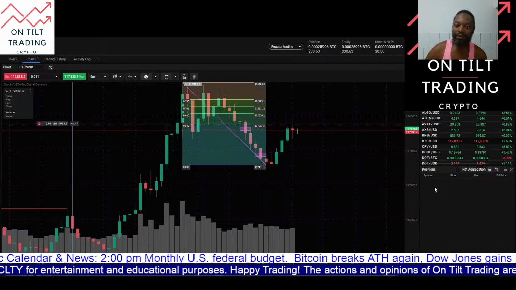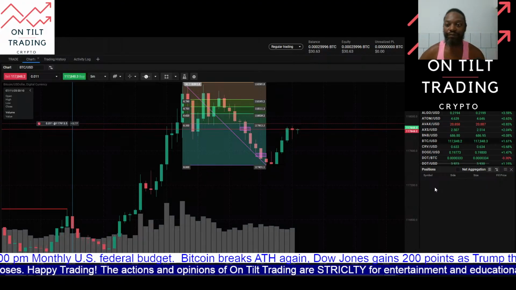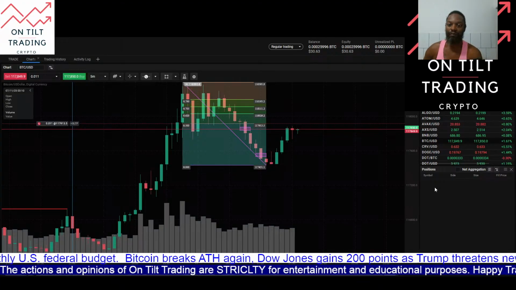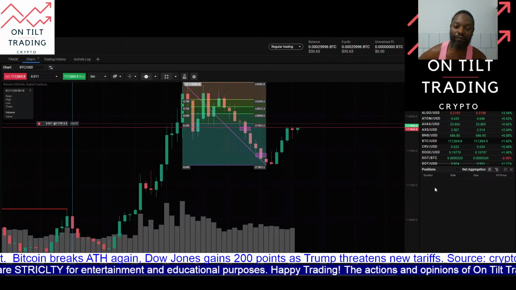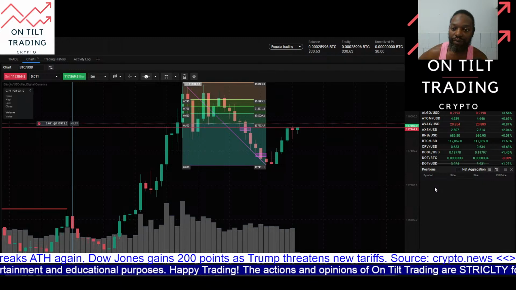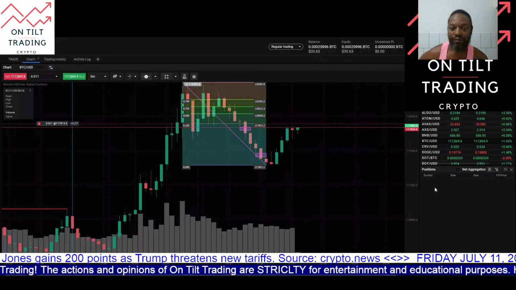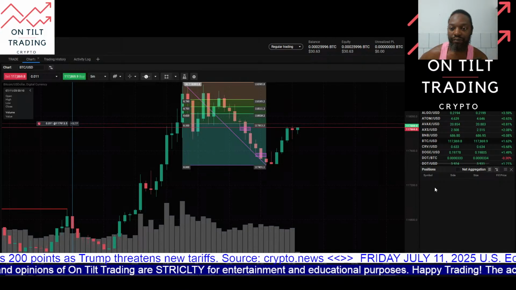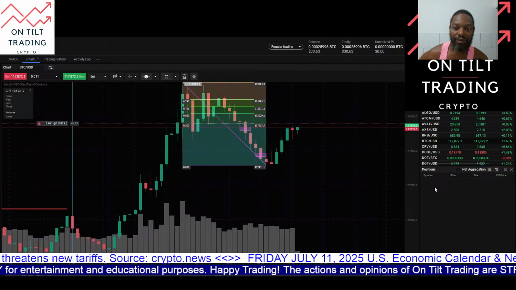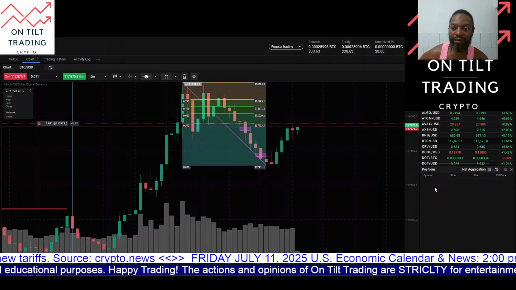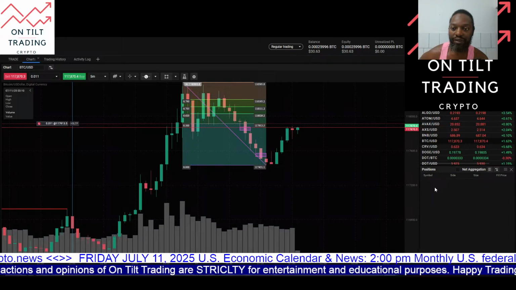Price consolidating back to 117,850. Buy side delivery with speed. Price potentially prepared to test the previous 5-minute high. Price approaching the 117,880 level.